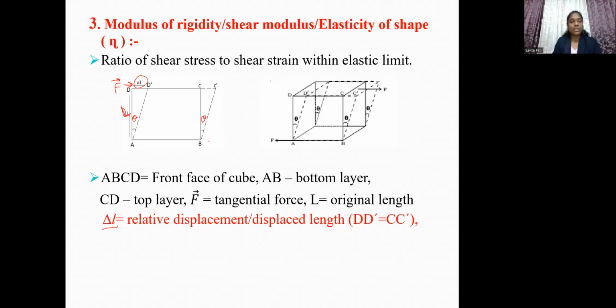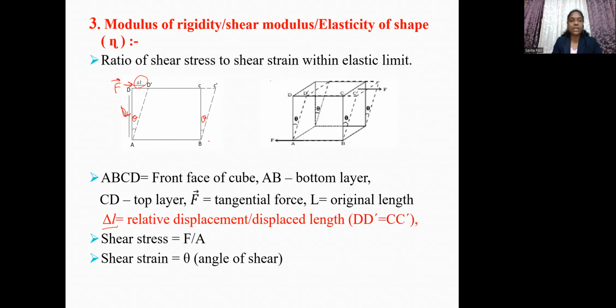Now here, let us write the equation for shear stress. Shear stress is equal to tangential force upon area, so we get it is equal to F upon A. And we know the equation for shear strain, it is equal to theta, where theta means angle of shear.